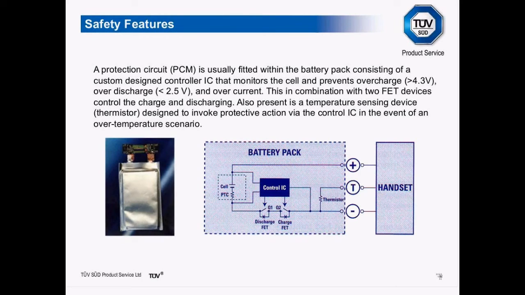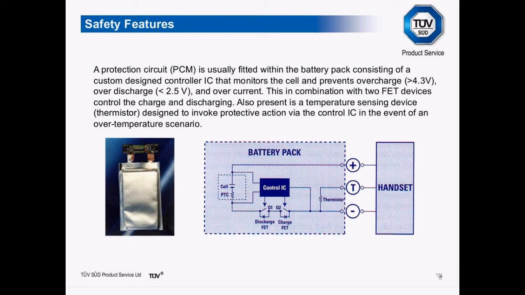As I mentioned earlier on, protection circuitry is a key safety feature of a battery pack. This PCM, or protection circuit module, is a typical circuit that would be used for a one-cell battery pack. The control IC monitors the cell and prevents overcharge conditions.